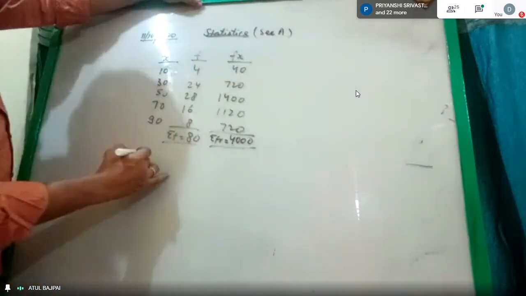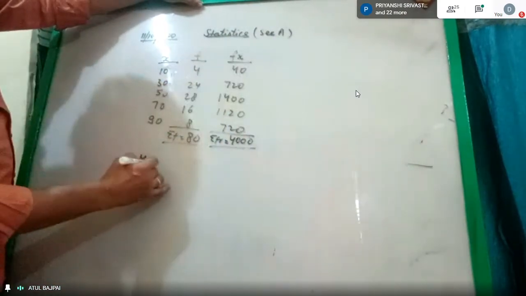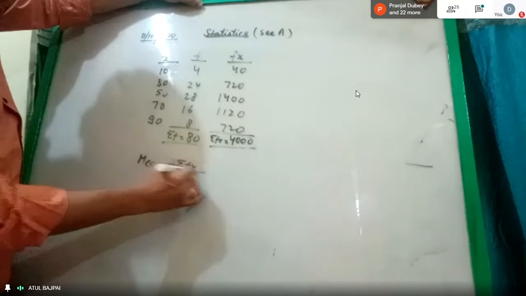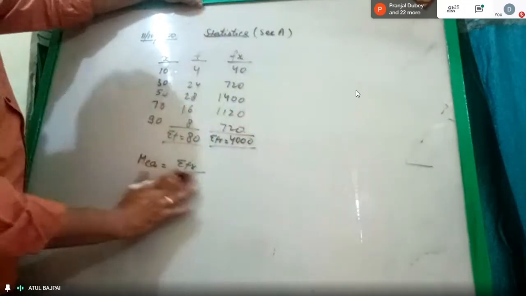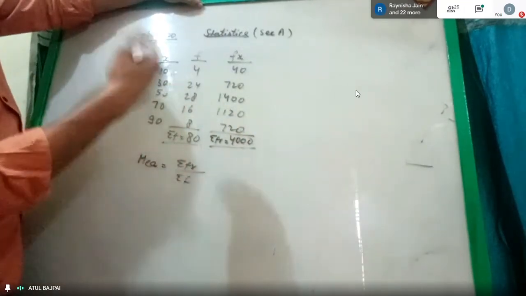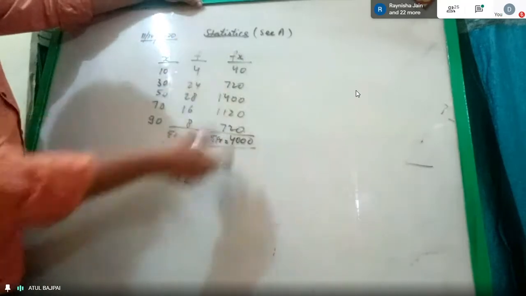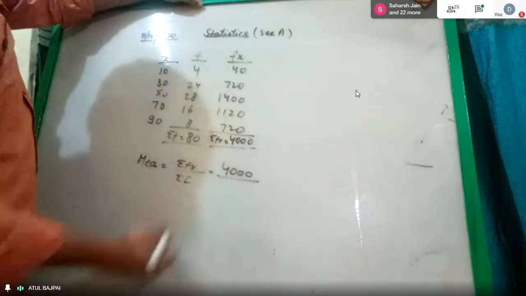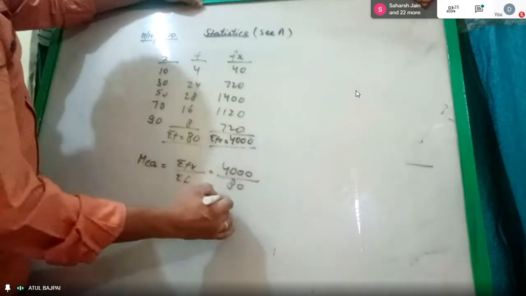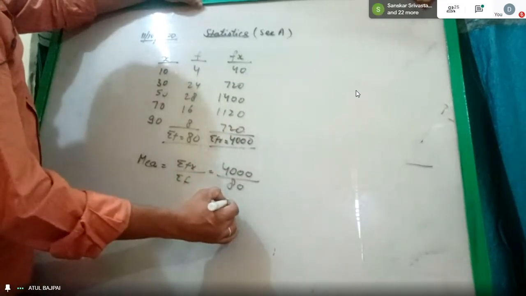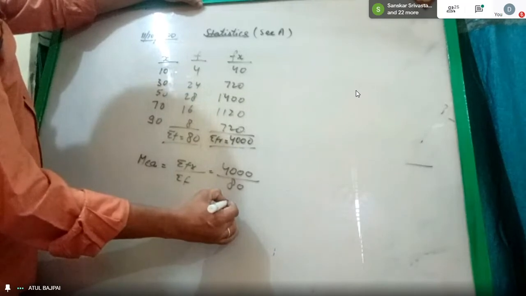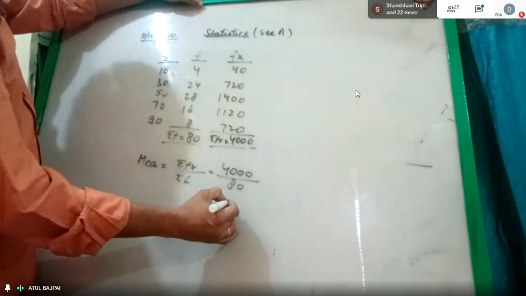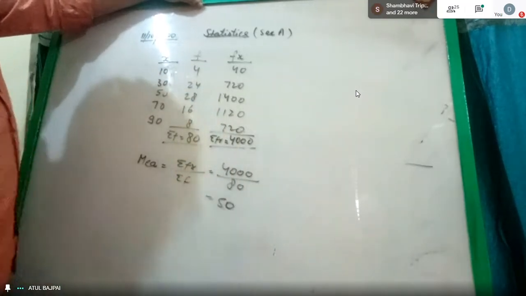Mean is sigma fx upon sigma f. You can go by step division and shortcut method or direct division method, whatever method you want. Simply, 4000 upon 80. So what answer do we get? The mean is 50.